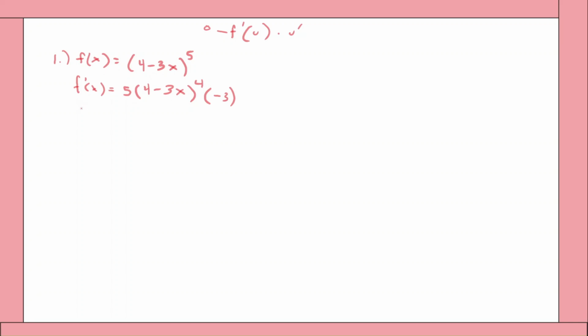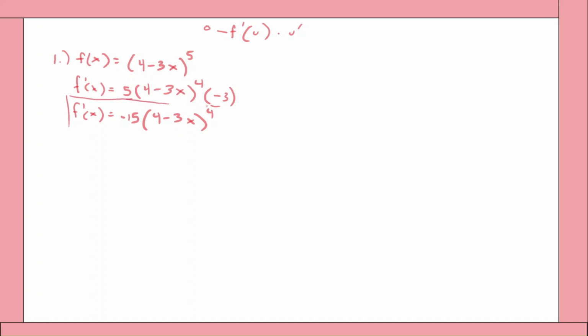Now we just have to simplify our answer, usually by simplifying any constants or lone x terms. So 5 multiplied by negative 3 is negative 15. We put negative 15 in the front here. So negative 15, 4 minus 3x to the fourth, and this is your answer.